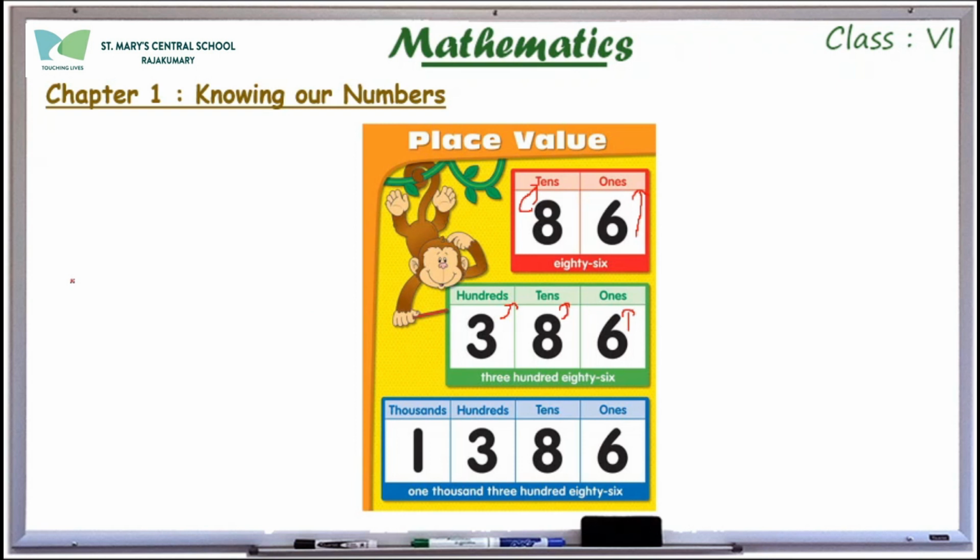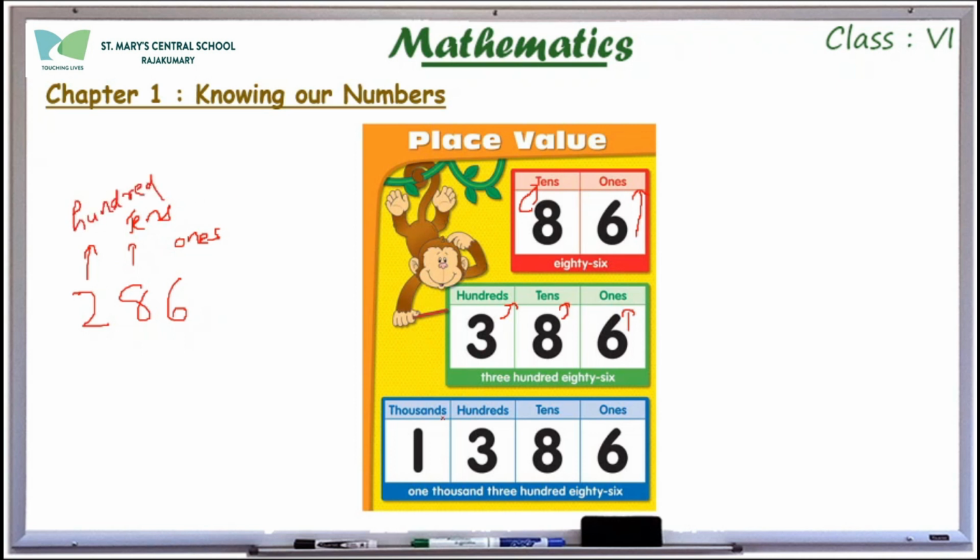So the first digit, suppose 286, the first digit from the right side is 6. So it is at ones place. The second digit is at tens place. So it is 8. And the third digit from the right side is 2. It is at hundreds place.